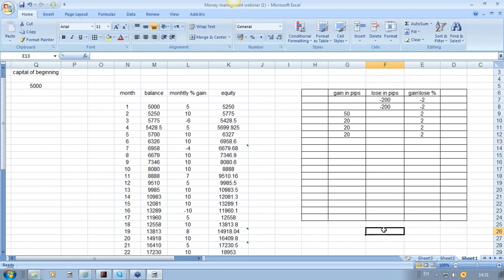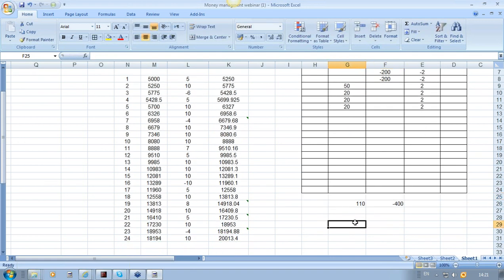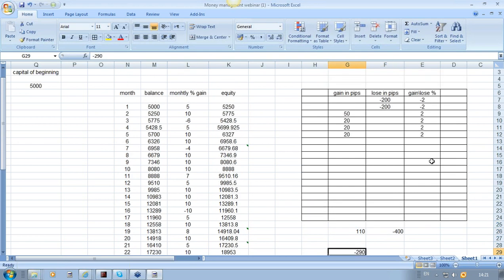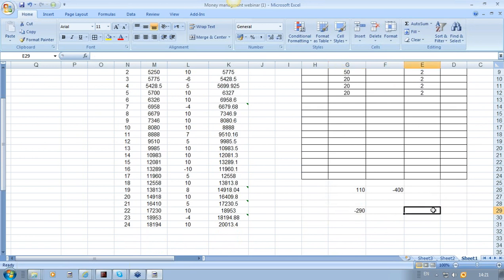I am minus 400 pips from the beginning. I am plus 110 pips here. I am minus 290 pips total. But I am plus 4% on the balance with minus 290 pips.